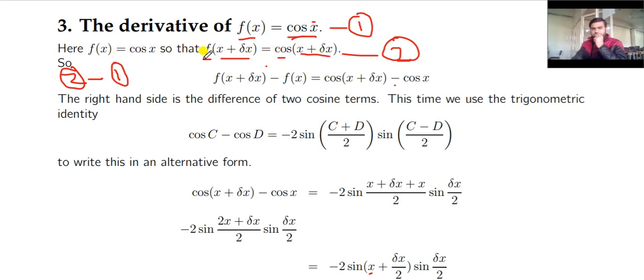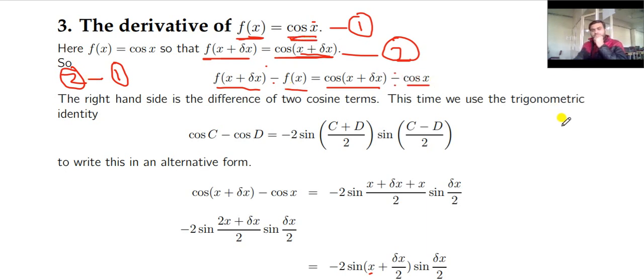So this is f x plus del x, so this we write here, minus f x, equal to this cos x plus del x, then minus this cos x.